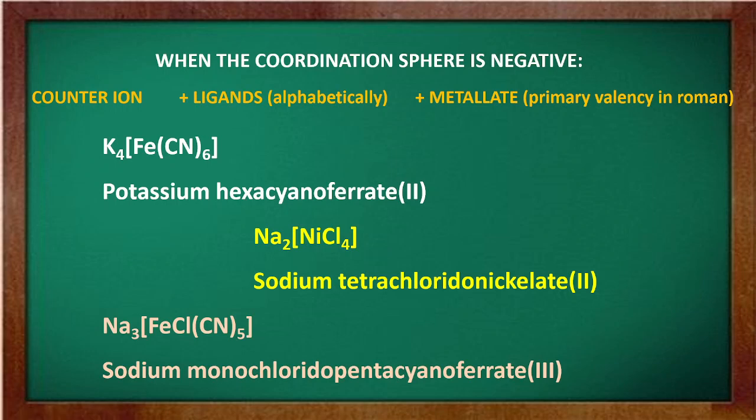The writing of the name is the same as it is for a neutral molecule, but something changes here. Let us see what those things are. Now here, let's move to the next slide. In these cases, for writing the names of ionic compounds, we will be using compounds which have a charge on them.